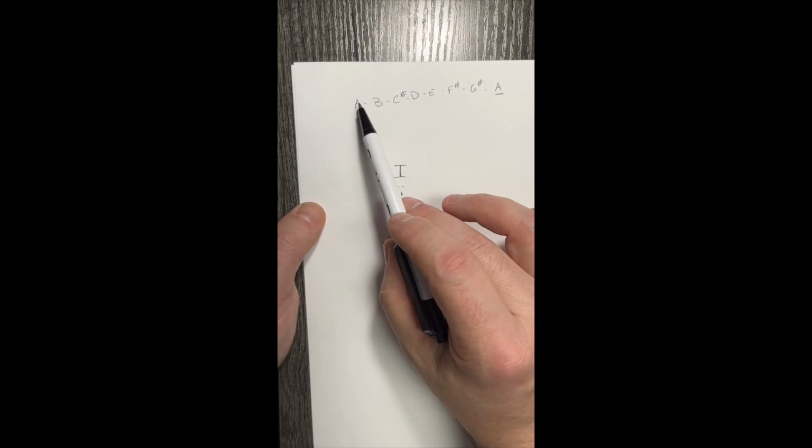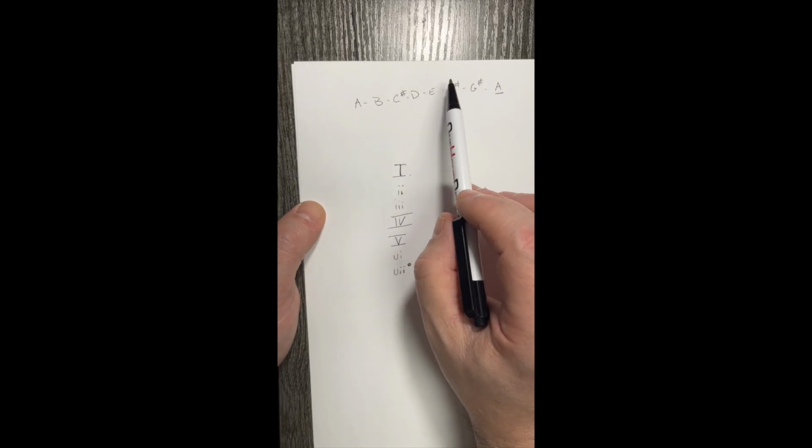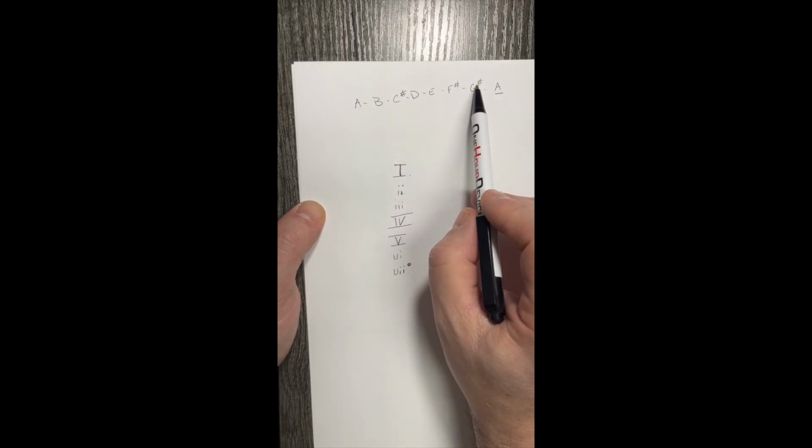And then of course we have our unison an octave above. This gives us our A. We're right back to A. So we have 1, 2, 3, 4, 5, 6, 7 notes available to us in the key of A. 7 notes in the major scale.